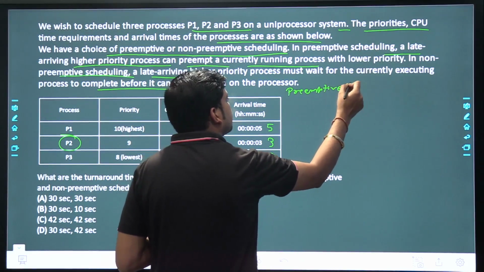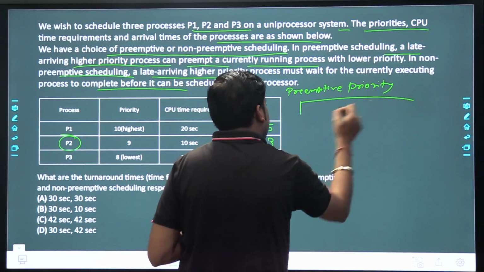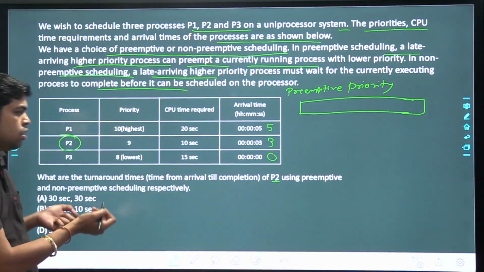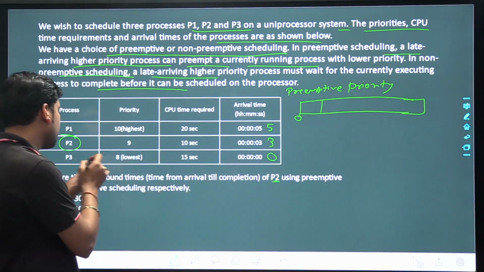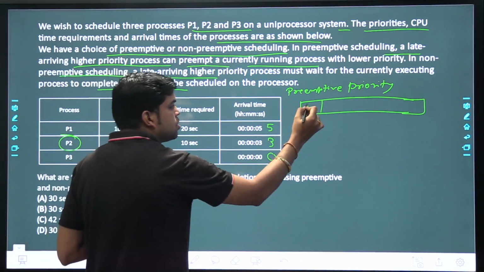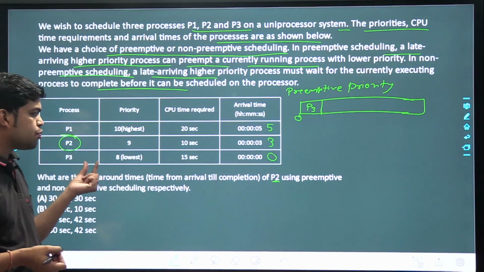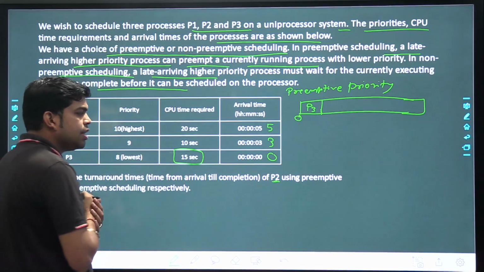According to preemptive priority, initially at time 0 we allocate the CPU to process P3, because P3 is the only process available at time 0. So we execute P3. How much time is required to completely execute this process? 15 seconds.